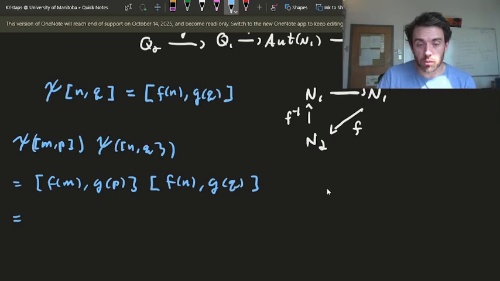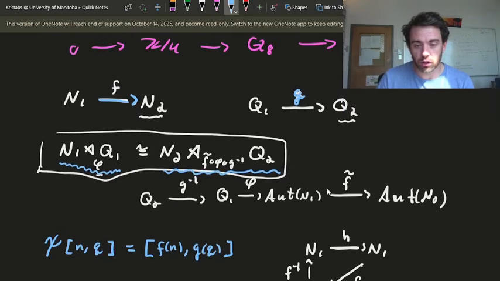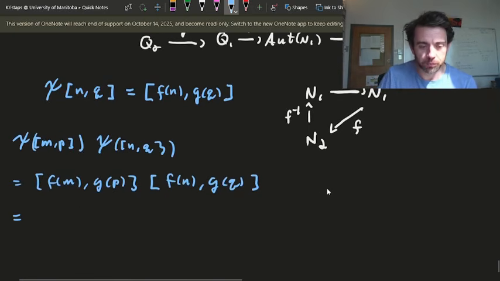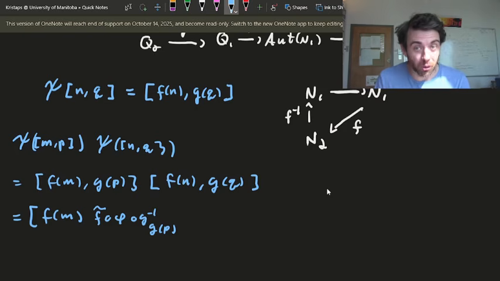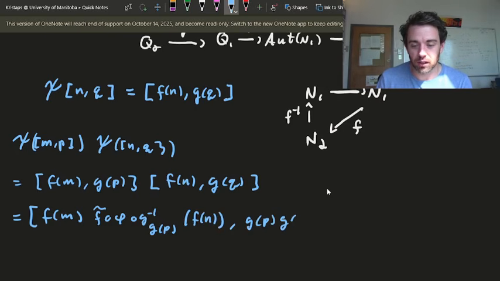So the product, remember this is the product happening with this wonky choice of homomorphism here. So the product is going to be f of m, then phi tilde, composed with psi, composed with G inverse, applied to gp, and then that whole thing is an automorphism of N2. So then we can plug f of n into there, and we get gp times gq over here.